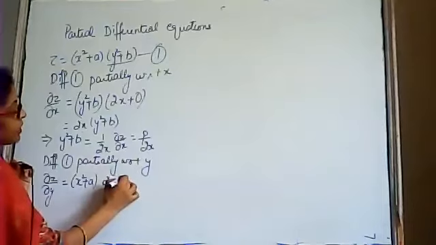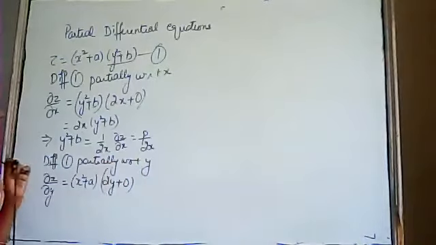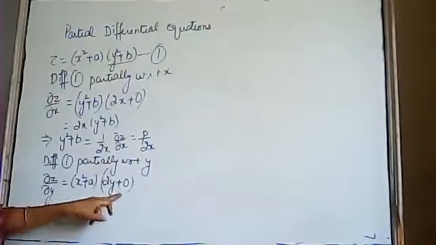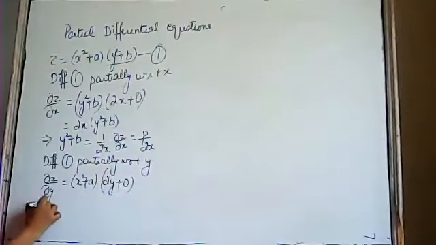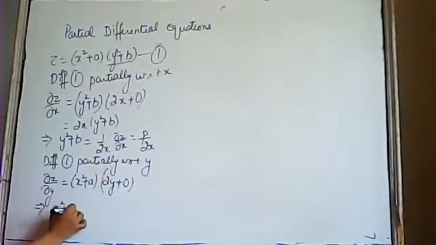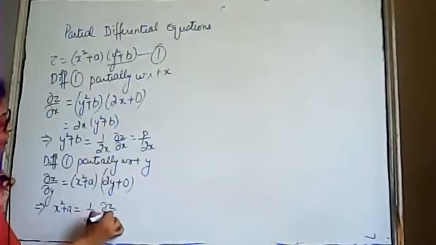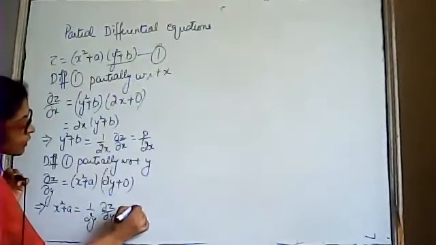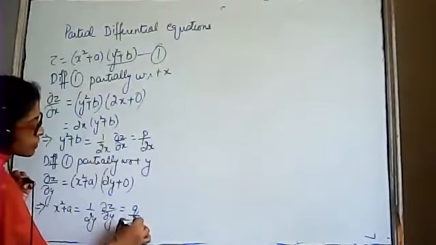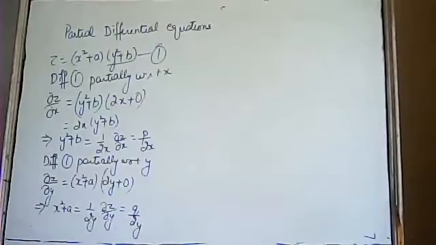Differentiation of y square will be 2y and differentiation of b will be 0 as b is constant. So from this equation, we can find the value of x square plus a. It will be 1 upon 2y into curly z upon curly y, and curly z upon curly y will be q. It is q upon 2y.